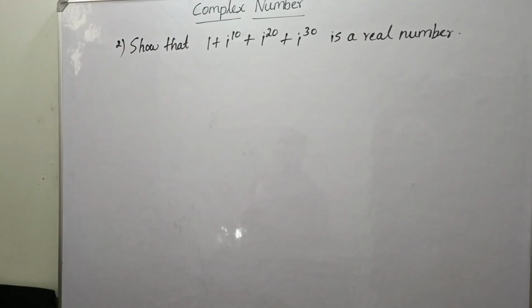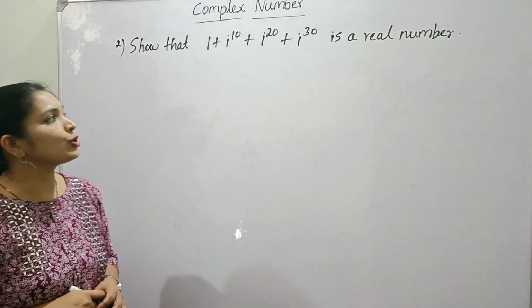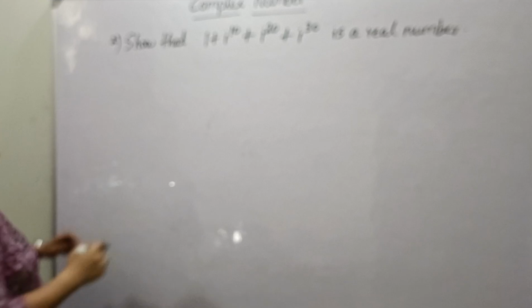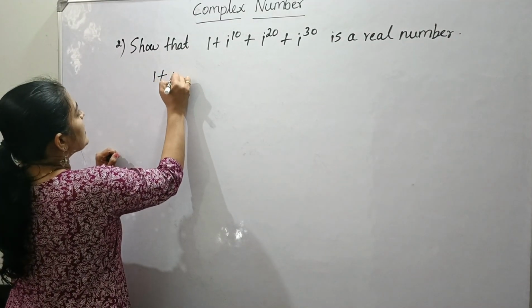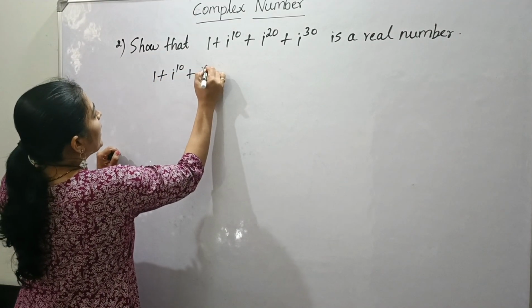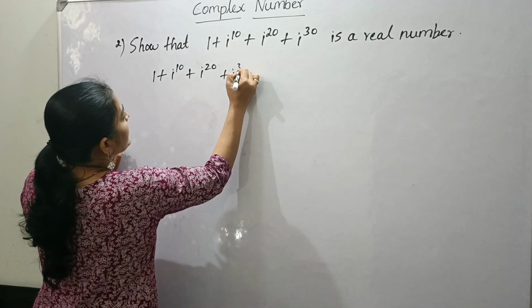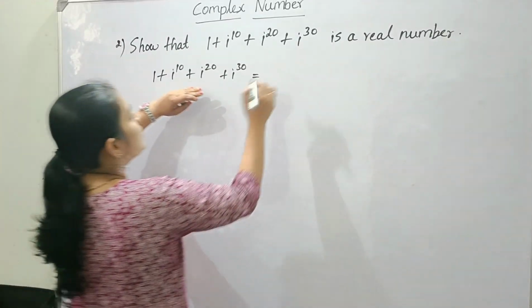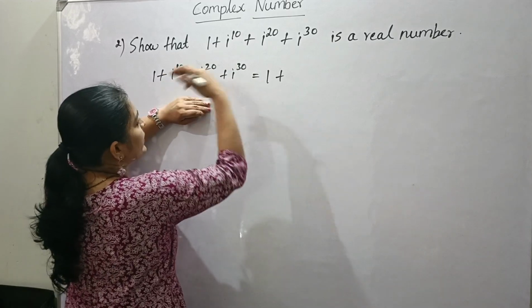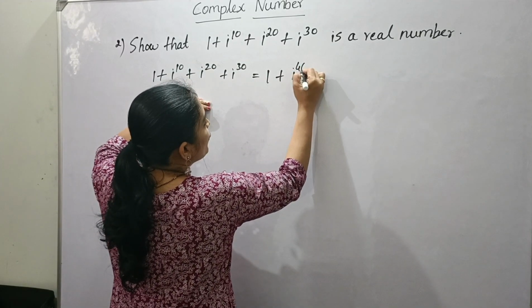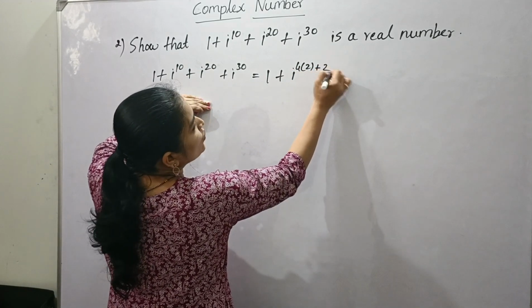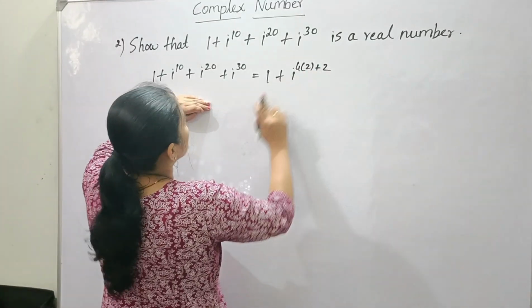Next question is, show that 1 plus i raised to 10 plus i raised to 20 plus i raised to 30 is a real number. See here, 1 plus i raised to 10 plus i raised to 20 plus i raised to 30, that is equal to 1 plus, i raised to 10 can be written as i raised to 4 into 2 plus 2, right? 4 into 2, 8, 8 plus 2, 10.